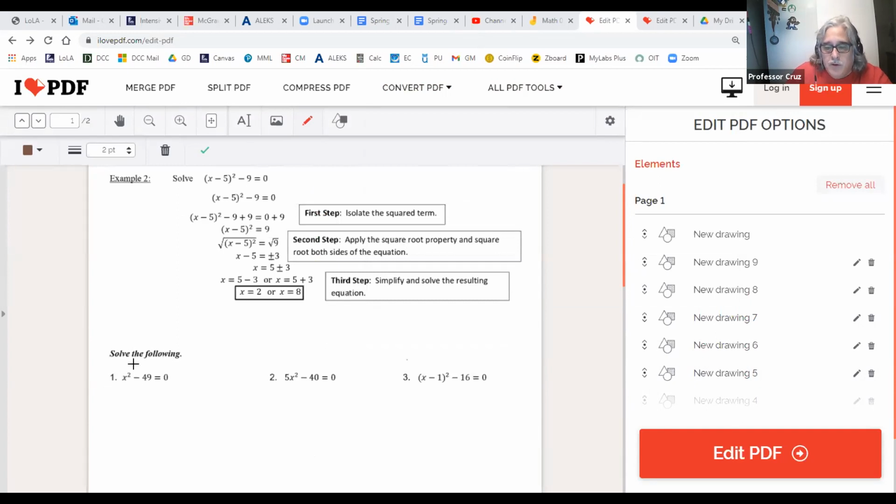All right. So what we're going to do is plus 49, because with this method, we want to have the square on one side and the number on the other side. It's not going to work if you don't have that to use this method.